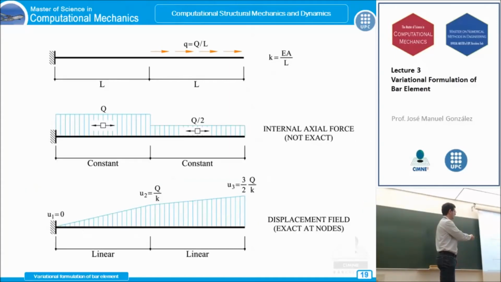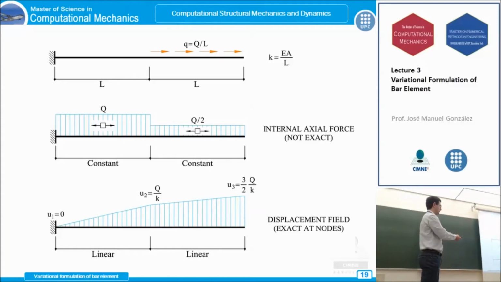In fact, our discretization in these two elements in this problem leads us to this internal axial force, which is constant in the first half and constant in the second half, which actually is linear in this second half. Okay, so on average we have the same result, but the representation of the internal axial force is not exact.